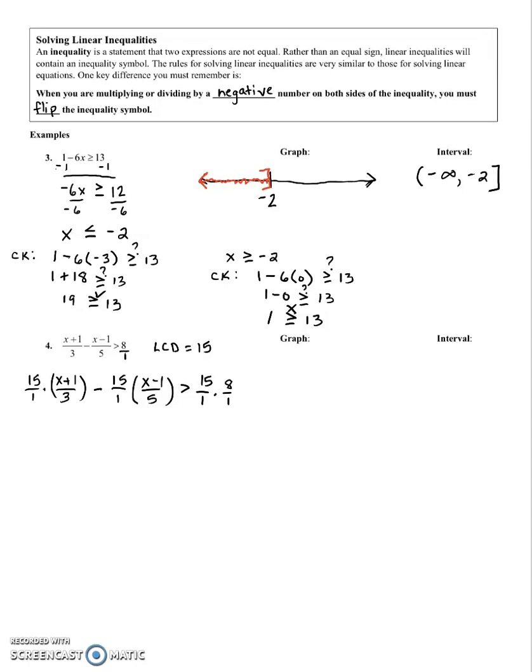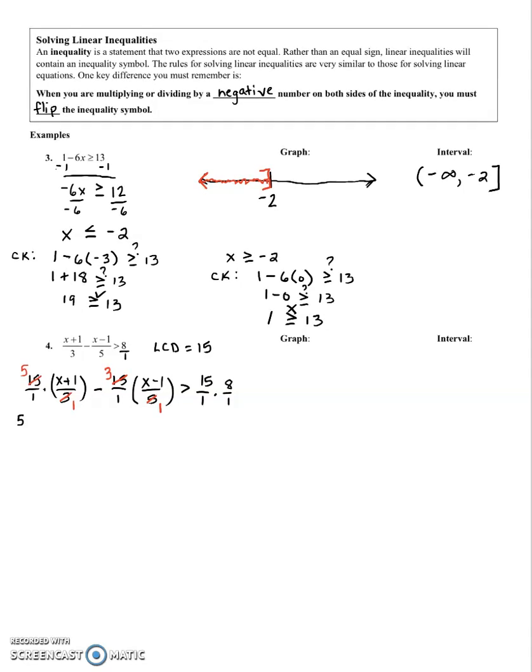So when I do that, in the first term, 3 goes into 15 5 times, and 3 goes into 3 once. 5 goes into 15 3 times and itself once. And there's no simplifying on the right-hand side.